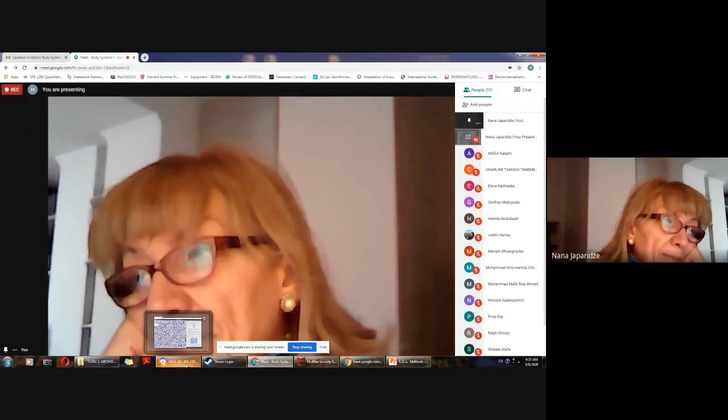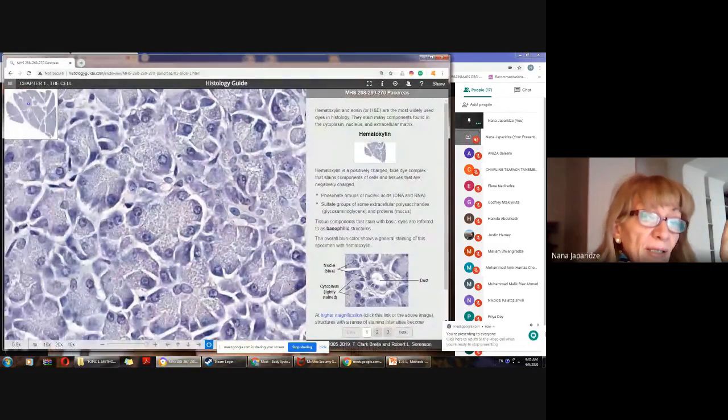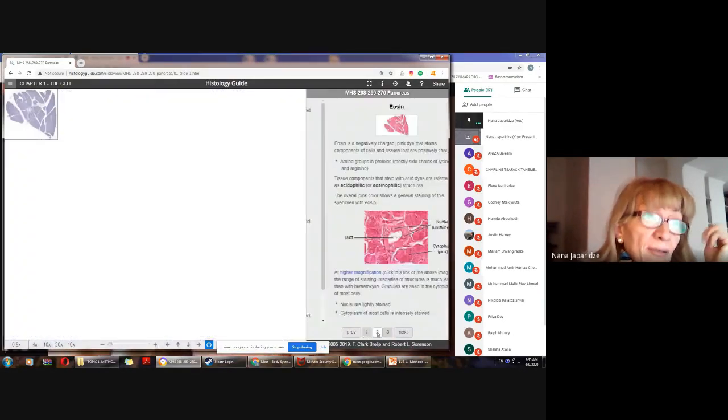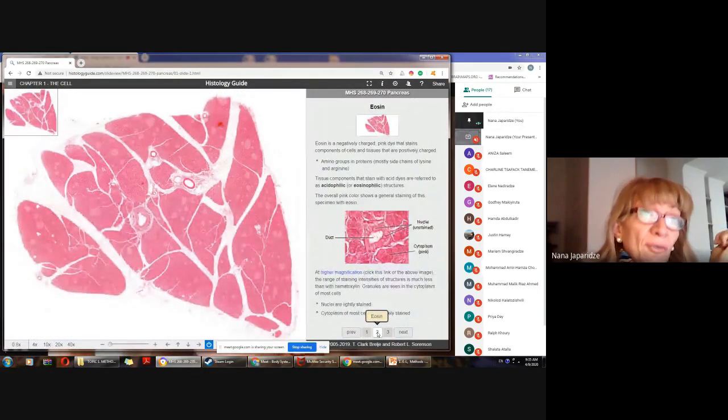So, what type of staining was this one? It was basophilic staining. Let's go to another type of staining, which is acidophilic. And for acidophilic staining, we usually use eosin.